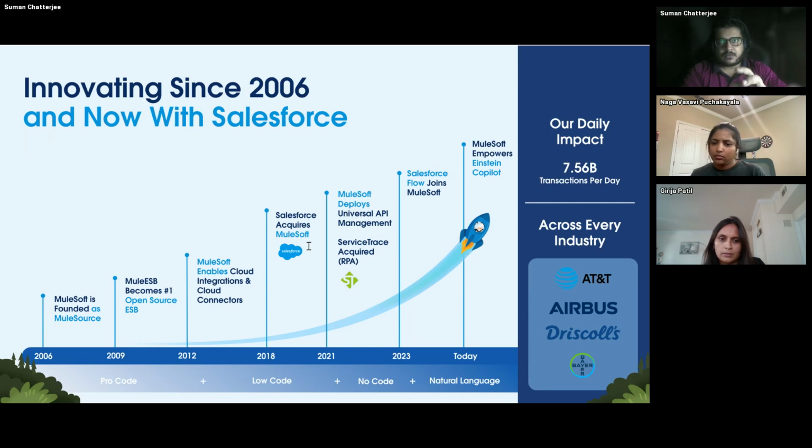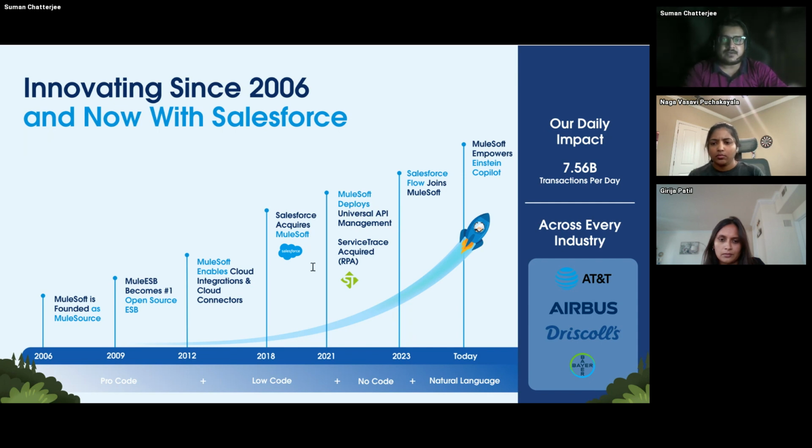But MuleSoft just didn't stop there. They started democratizing the integration space. They started transforming from a pro code tooling solution to a low code user community, which not only empowered the developers but also started to help the business users contribute to the integration efforts.